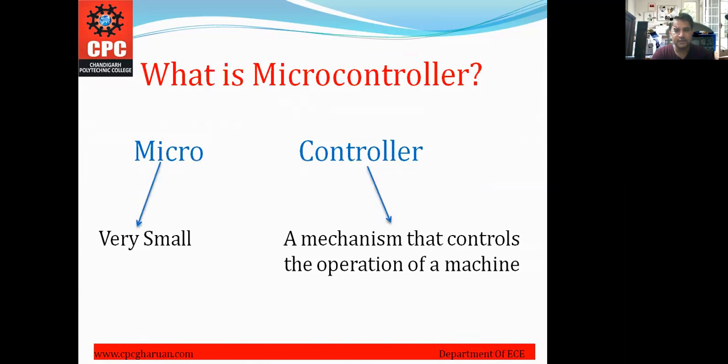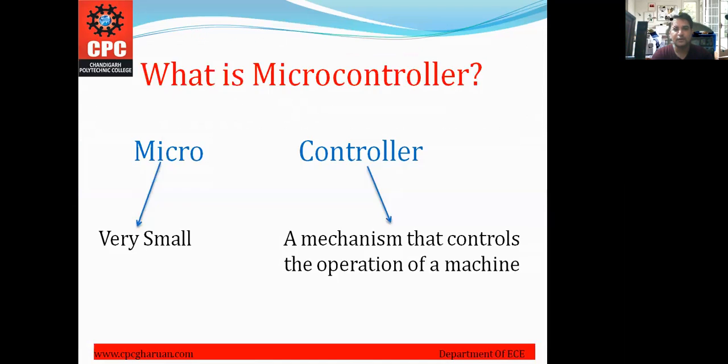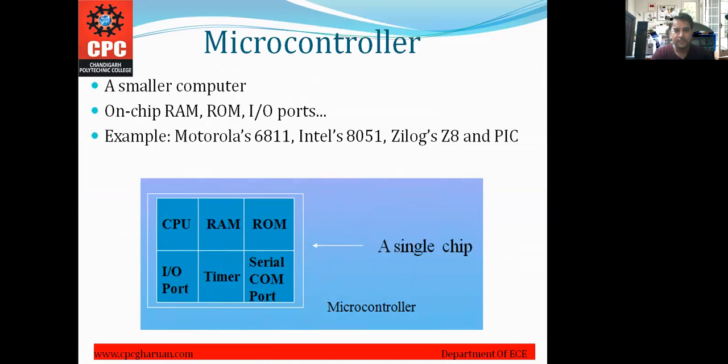In the last slide, you saw the CPU along with RAM, ROM, input output port, timer and serial communication port, but externally added to the CPU, which makes a microprocessor. On the other hand, all these features, RAM, ROM, input output port, timer, serial communication port, built up on a single chip with the CPU will form a microcontroller.